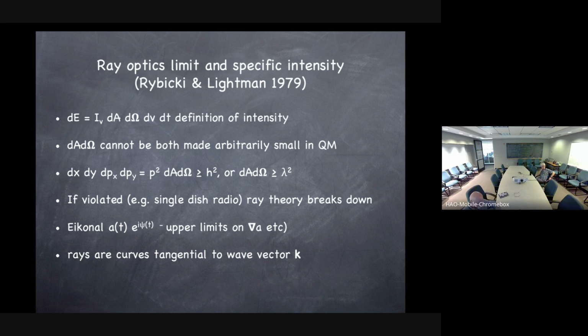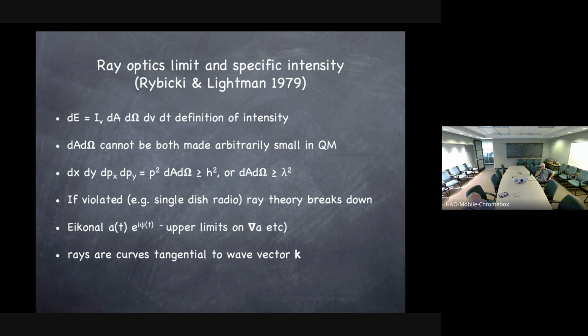So dA d omega essentially, if I write down from the Heisenberg uncertainty principle, I can say that P delta x is greater than h bar, and you can see that this must affect the definition of dE above, because dA d omega cannot be made arbitrarily small, and that's quite easy to see in the next equation.